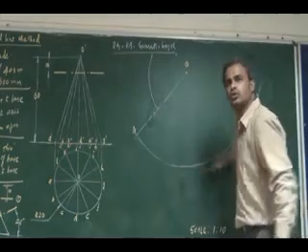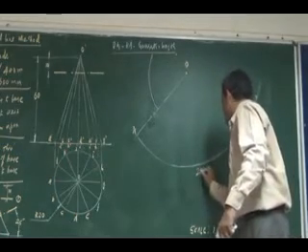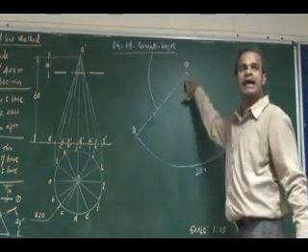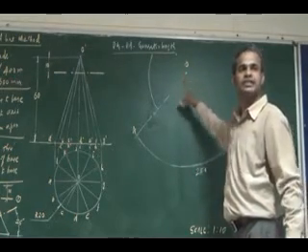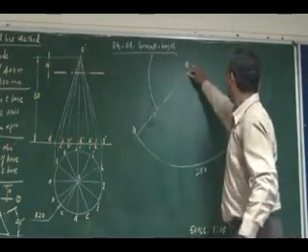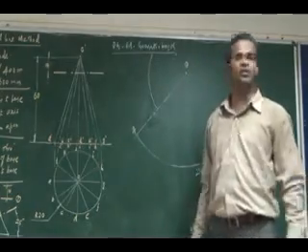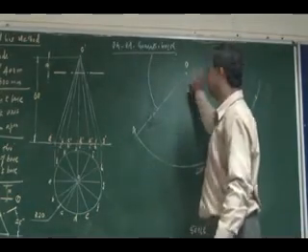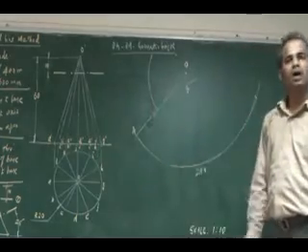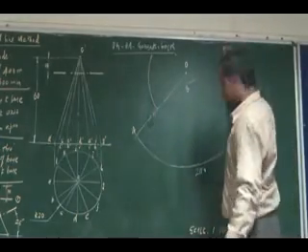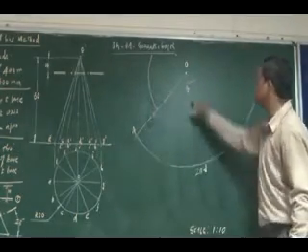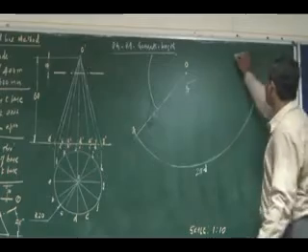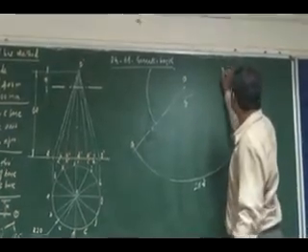Instead of this 2 pi r length, I can go for a subtended angle. How can I measure this angle? You have already seen this in the cycloid. What will the subtended angle be for a cone? This theta will be the subtended angle.